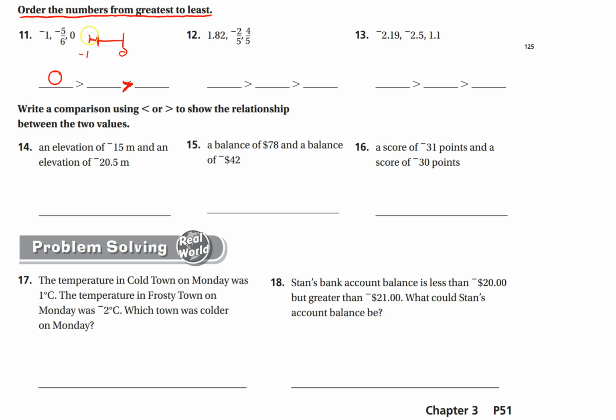If I want the greatest number between -1 and my fraction, it's going to be the furthest number to the right, which is my fraction. So I automatically know that my fraction is going to be next. And then lastly, my whole number, -1, is going to be the smallest or least valuable number.